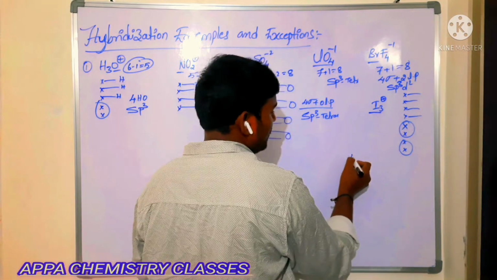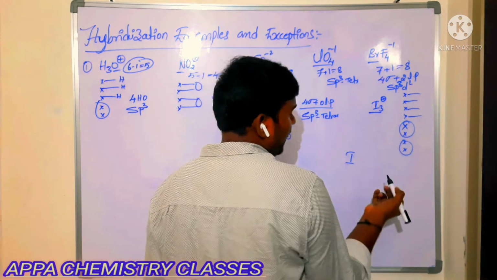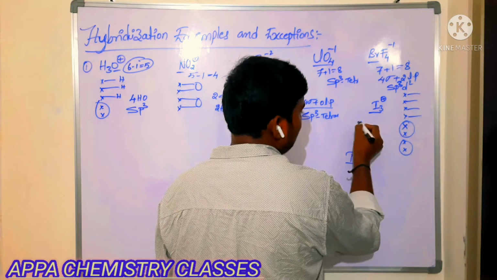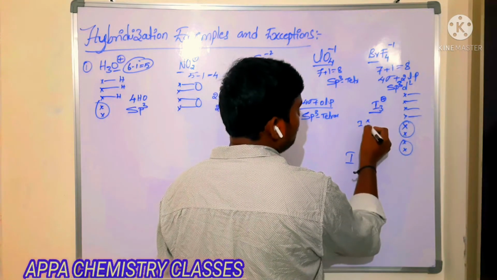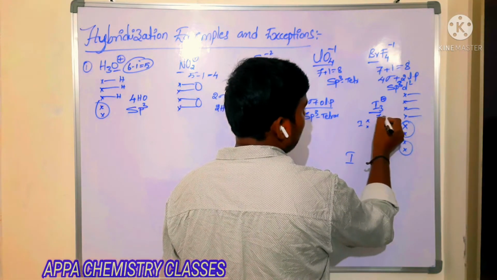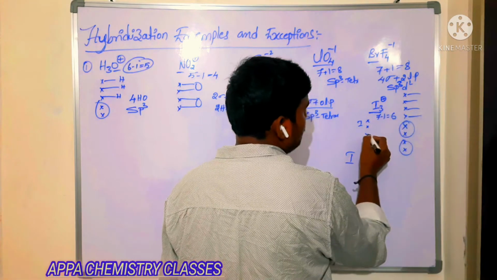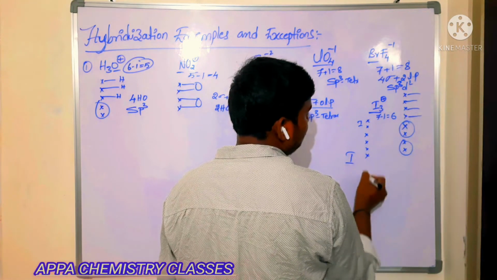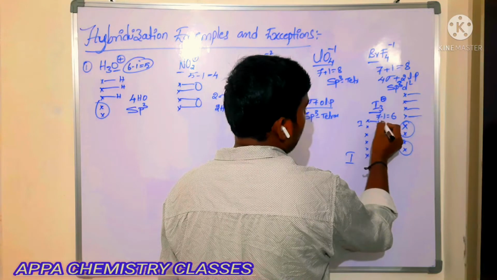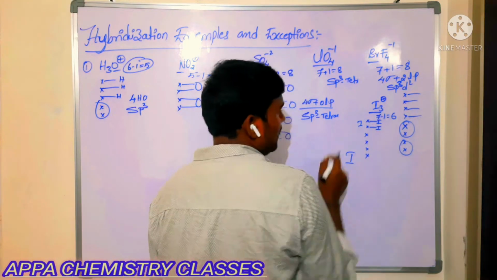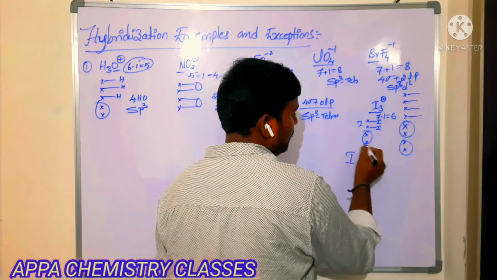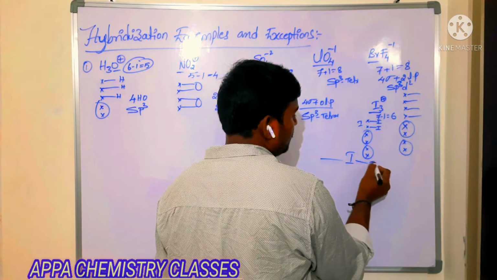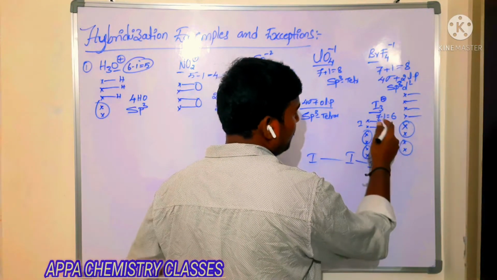I3 plus, which is very important. Now I3 plus, one iodine will be the central atom. So plus in the sense what, one electron is lost, that is 7 minus 1, that is 6. So we place the 6 dots here. So 2 iodines are bonding with the central atom. So 2 will be lone pairs of electrons. So which geometry will it have here?